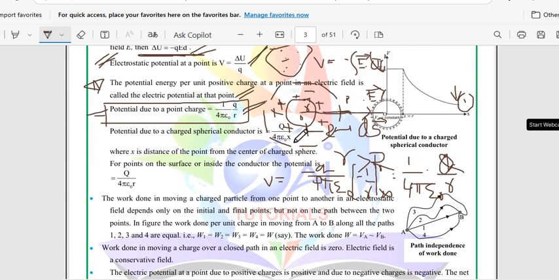Okay, for it is the distance from unit positive charge at origin to that point P, if it is outside.